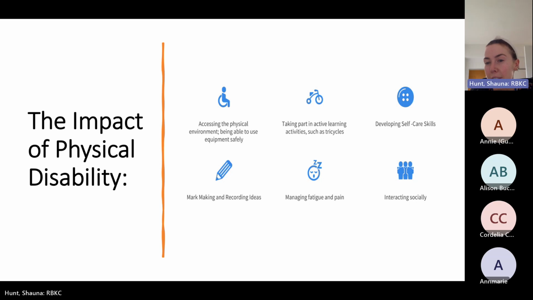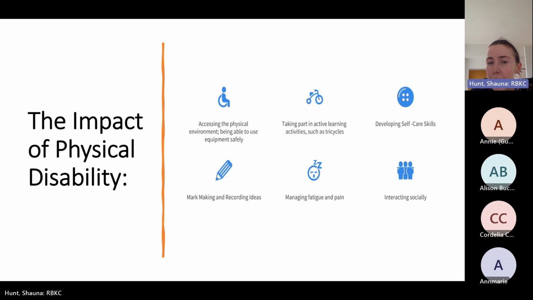For many children with physical disabilities, the inaccessibility of the buildings and surroundings can really limit their involvement in school activities. So we need to think about creating a physically accessible environment that is not mobility limited. That could involve the provision of maybe lifts, ramps, rails, perhaps an accessible toilet, or changing facilities.